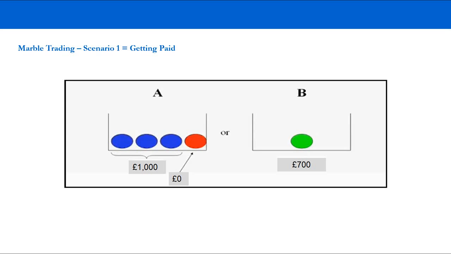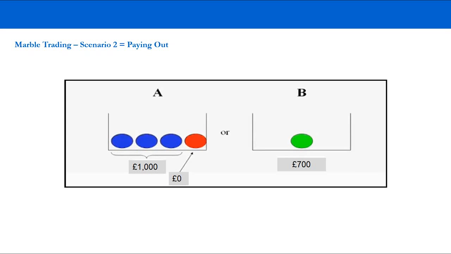So write down the box that you chose. Write down your choice on the paper. Okay, done that? Perfect. Now let's move on to the next scenario.